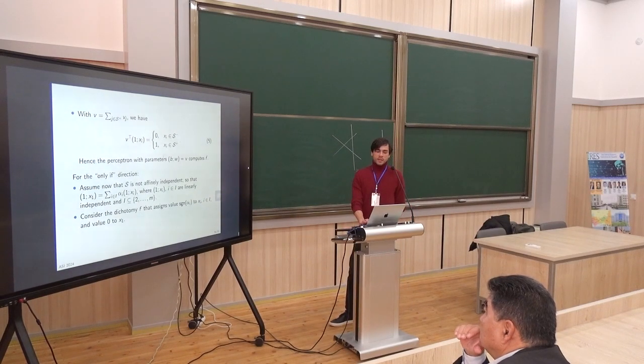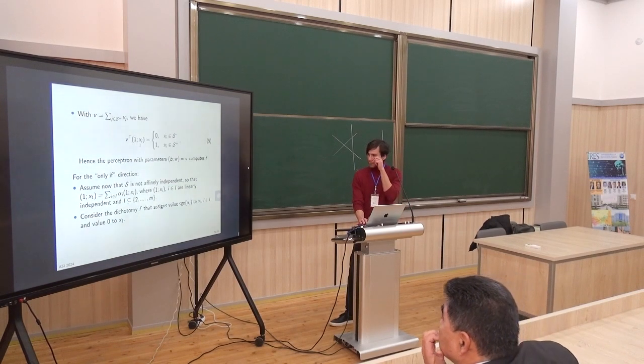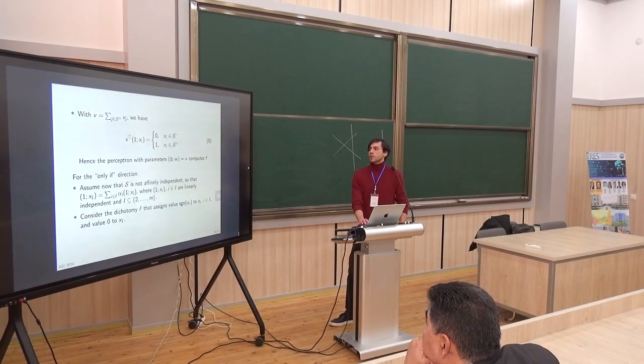We take V to be the sum of the Vj's with j in the positive class for the target dichotomy that we want to represent. If we do this, then we have this property: we multiply this whole thing with Xi, and we get 0 if Xi is in S minus and we get 1 if Xi is in S plus. That's because of the way these Vj's work.